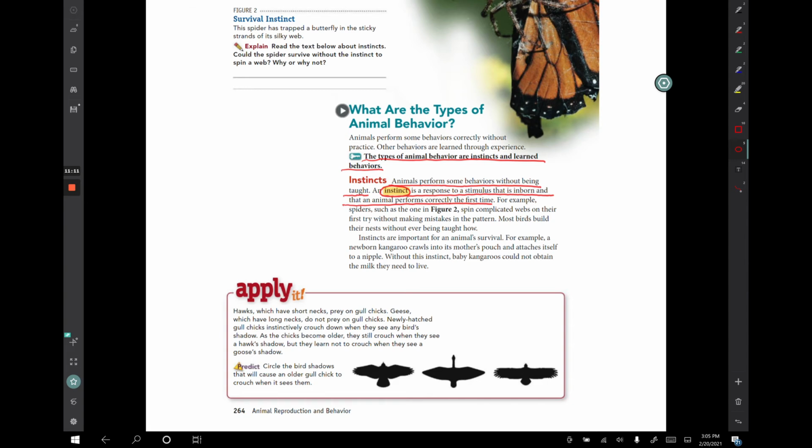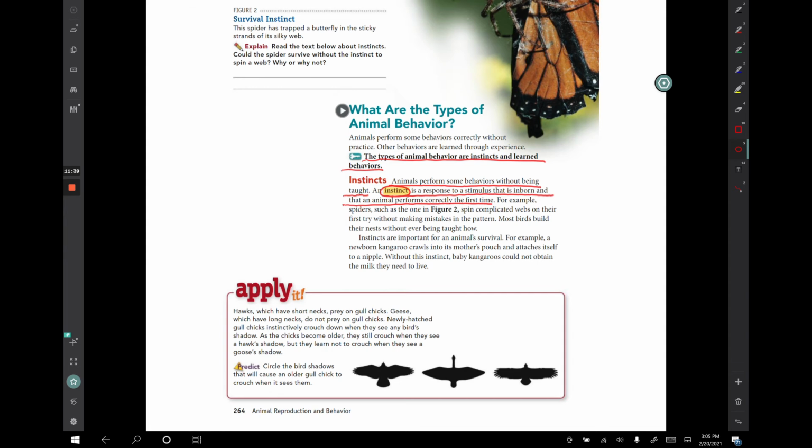These newly hatched chicks instinctively crouch down anytime that they see a shadow on the ground overhead that has a short neck. So if there's a shadow going over them and it has a short neck, they will crouch down. If it has a longer neck on the shadow, then they don't crouch down. They don't sort of instinctively think of it as being a threat.